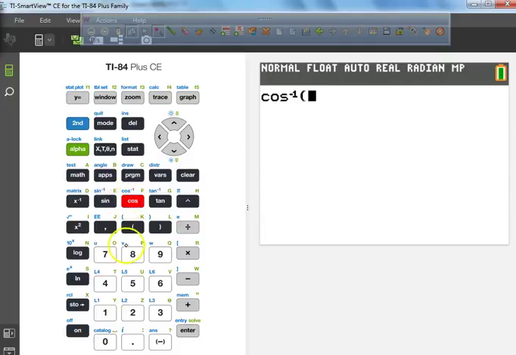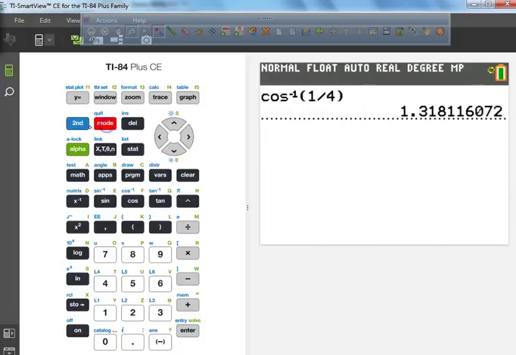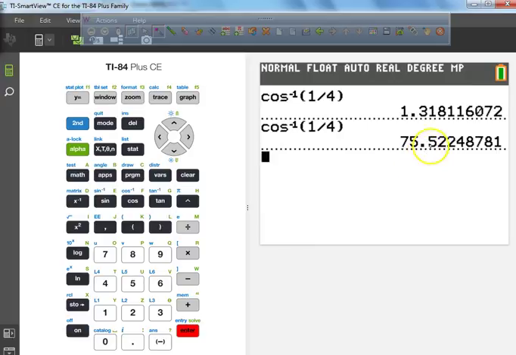Second, cosine of 1 divided by 4. Oh wait, gotta change the mode back to degree mode.